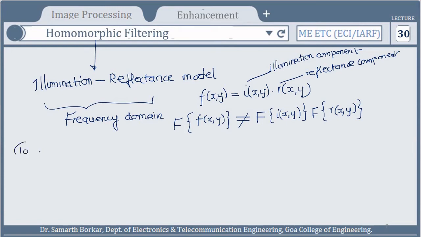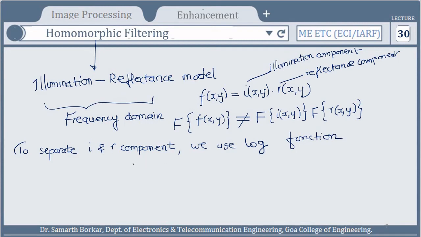So to separate I and r component, wherein the I is the illumination and r is the reflectance component, we need to use the log function. So we can write this as z of x comma y equals the logarithmic function of f of x comma y.